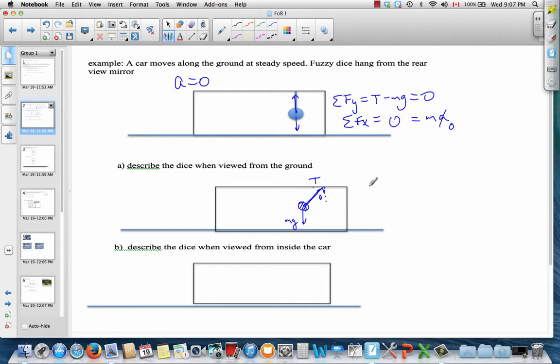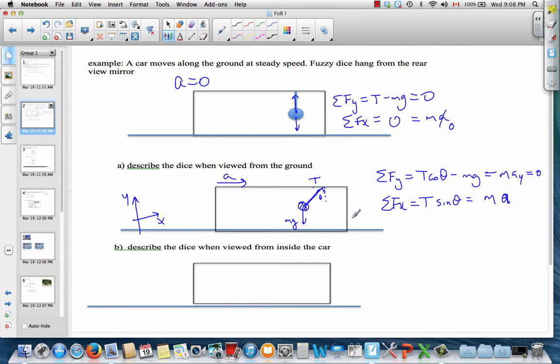And our force analysis is going to say in the y direction, with the y-axis being up here and the x-axis being this way, that T cos theta minus mg is the mass times the y acceleration, but there's no y acceleration, so T cos theta balances mg. In the x direction, we have T sin theta, and that just equals the mass times the x acceleration, which is just a, the acceleration of the vehicle. So that is in the inertial frame. We apply the second law in the inertial frame.